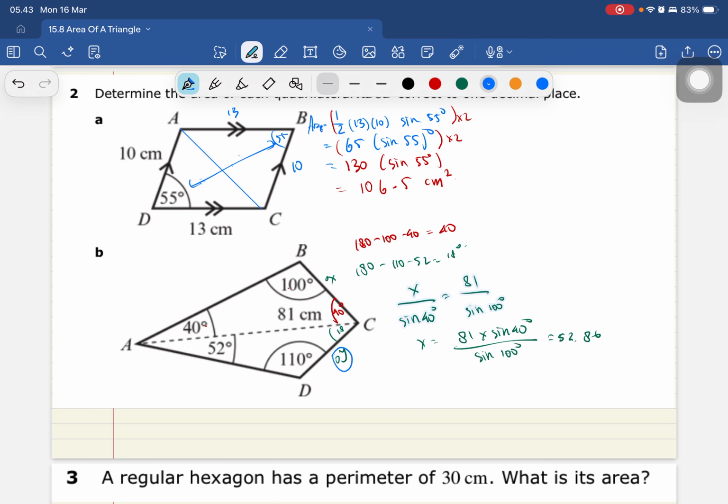Another one, y. So y over sine 52 equals 81 over sine 100 degrees.